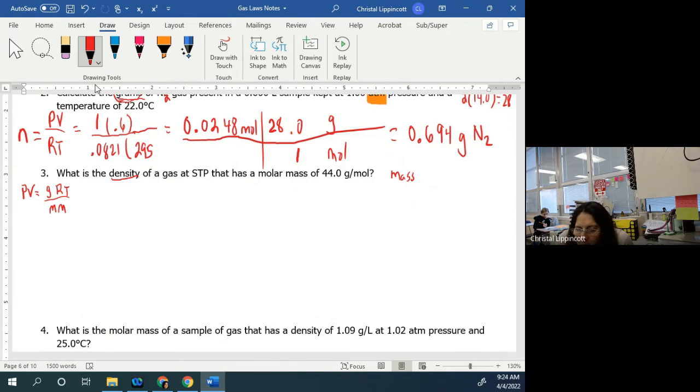So I am going to get molar mass over here. I'm going to multiply this side by molar mass, and I'm going to multiply this side by molar mass. So molar mass times P times V equals mRT.